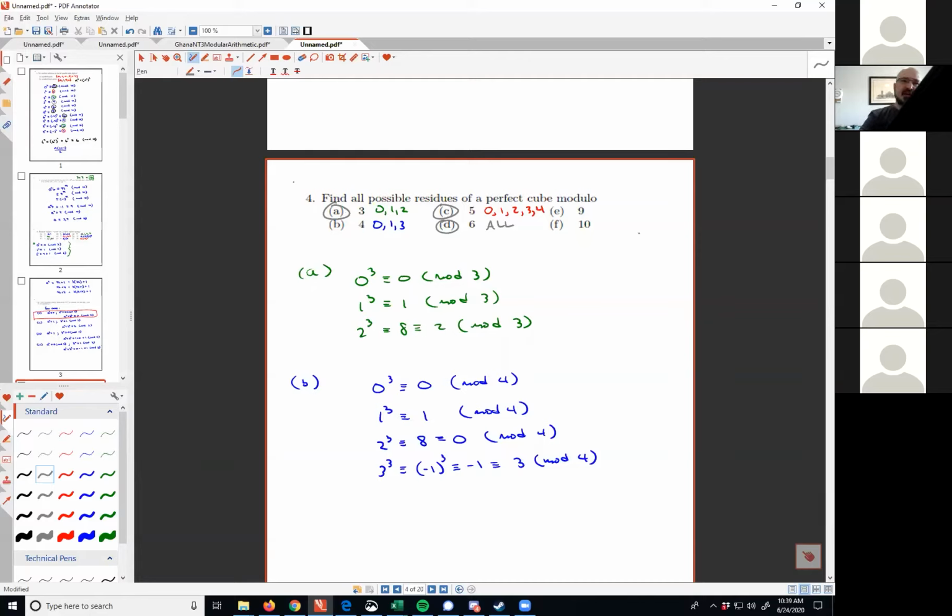And just in case I didn't make that clear on Monday, the modulo 12 residues are all of the integers from 0 to 11. The modulo 6 residues are 0 through 5. So how about 9? What are the residues of perfect cubes modulo 9?